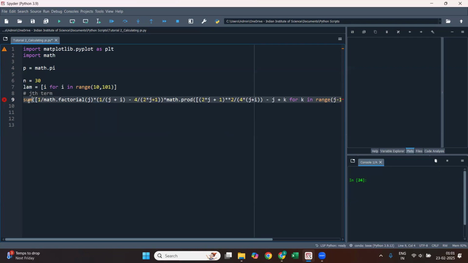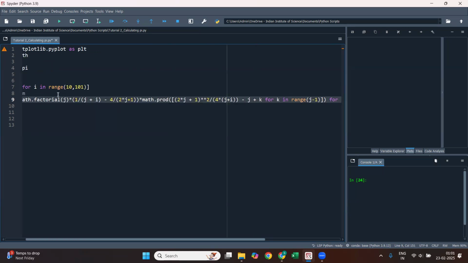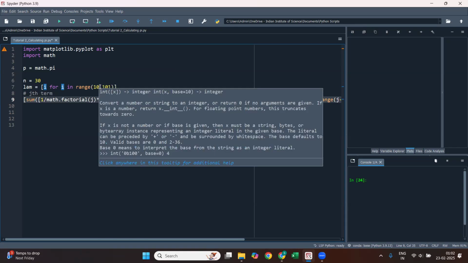And then I have to iterate over all possible values of lambda. So I'll just make this up into a list once again, right? For i in lambda. So remember, we had assigned the variable i to lambda, and now lambda itself can have values from 10 to 101. So each element in the list corresponds to a single value of lambda, right?